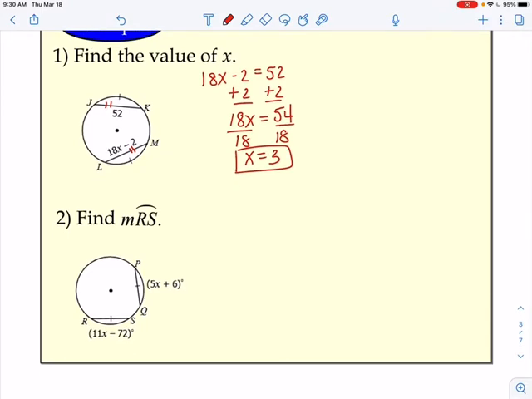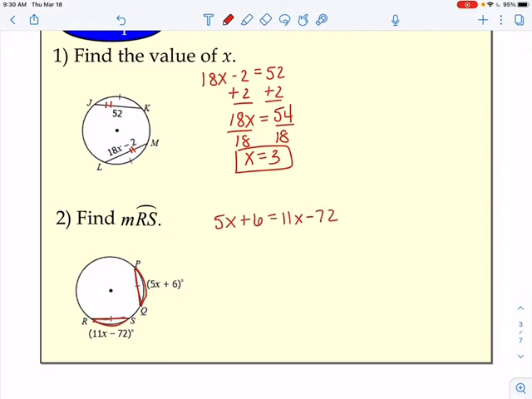For number 2, we want to find the measure of arc RS. Again, this is directly the opposite of what we just talked about in number 1. This time you're told that the line segments are congruent. And if those line segments are congruent, that means the arcs are congruent. So to solve for x, the first thing we're going to do is set those two things equal to each other.